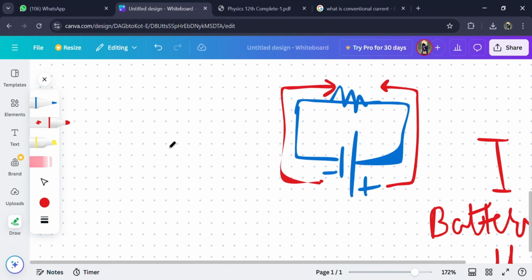So in the case of conventional current, whenever you hear the word conventional, this concept of opposition must be in your head: the flow of electrons and the current are opposite in the case of conventional current.